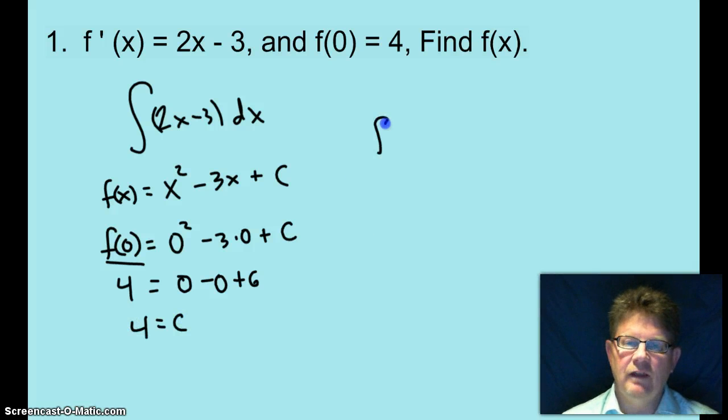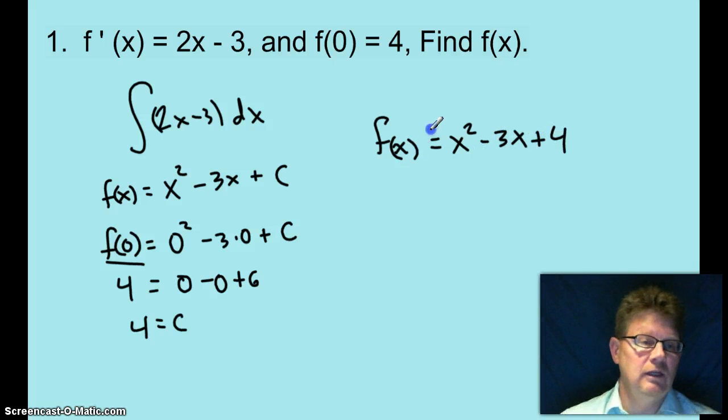So f of x is just simply x squared minus 3x plus 4. It really doesn't get any easier than that. Isn't that kind of cool? Alright, let's go on to the next example.